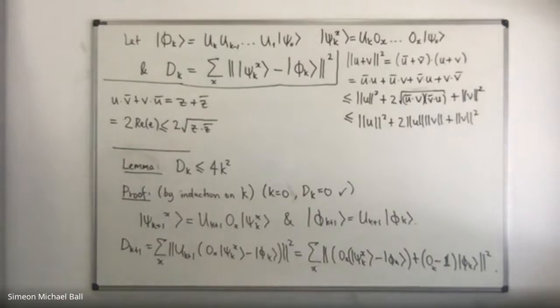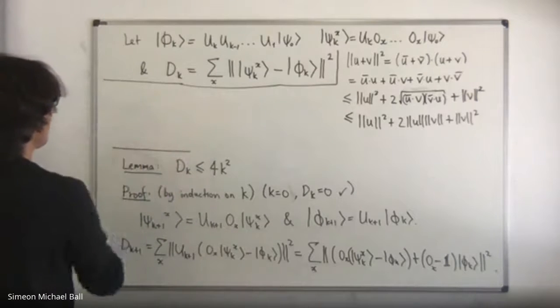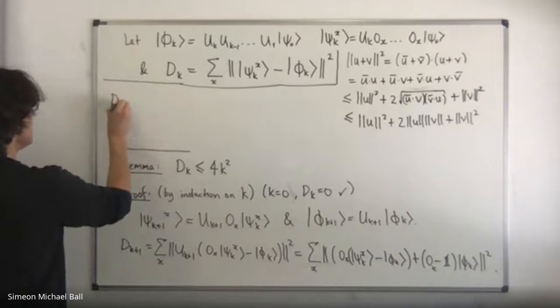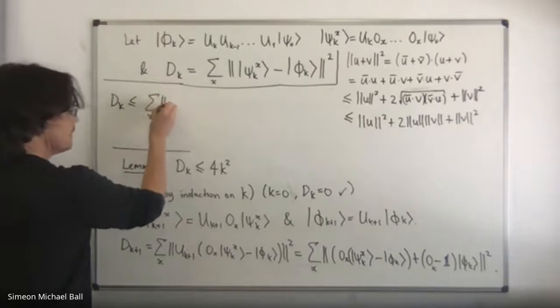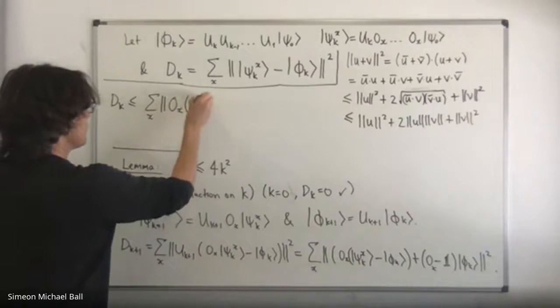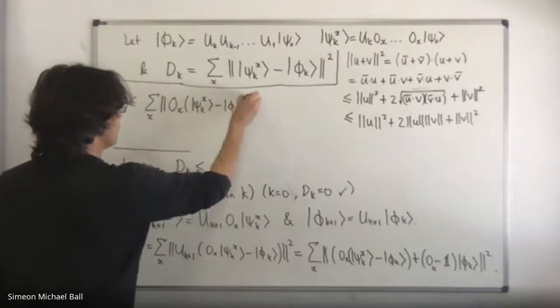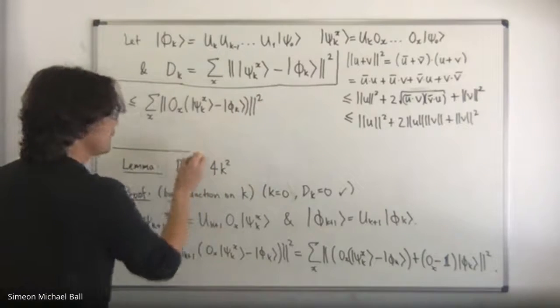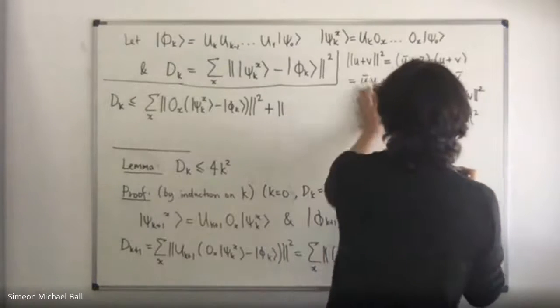That's all that has shown us. So we can apply that here, and we get d_k is less than or equal to the sum over x of the Oracle applied to x, and now we'll get rid of that.